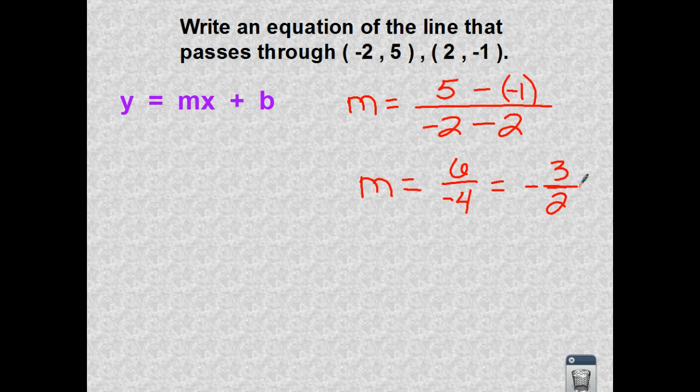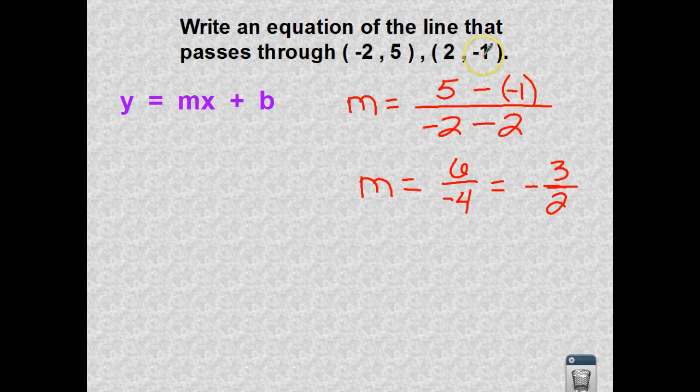All right, now if we want to figure out the y-intercept, which is b, we can take one of the ordered pairs, it doesn't matter which one, and we can substitute our values into the equation and then use our new given slope. So I guess I'll just take, let's see, what's easiest? Let's use the second ordered pair.